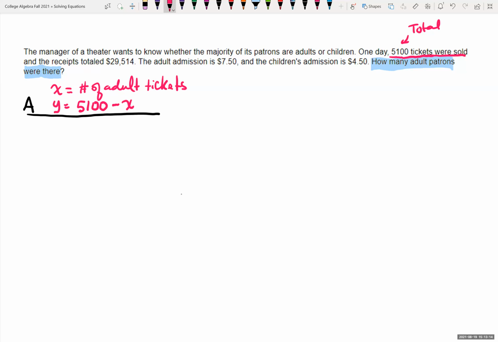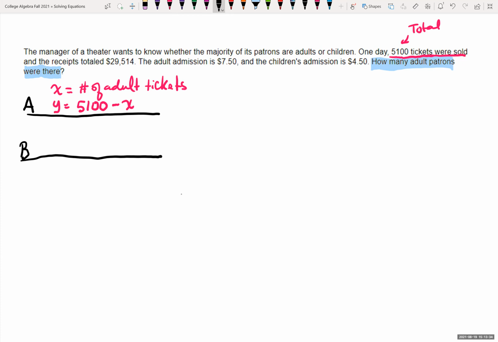Okay, so we've determined what our variables are going to be in this case, and now we want to set up the equation so that we can figure out what our answer is. Part B is where I am going to set up my equation or equations, depending on the type of word problem.